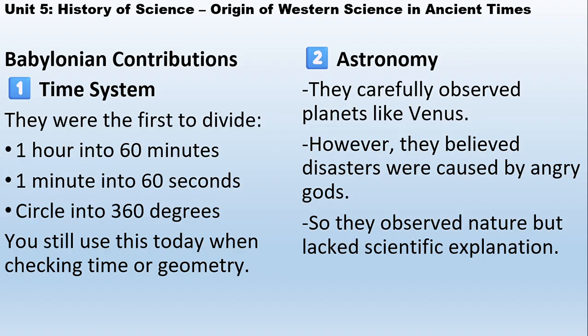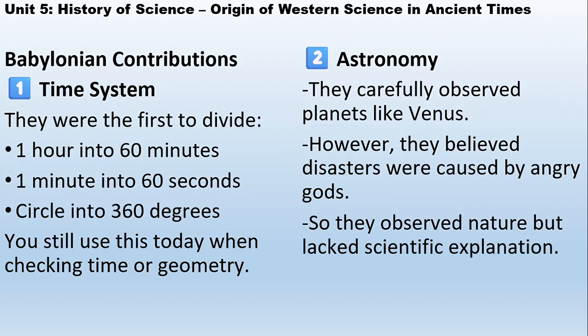They were the first to divide the hour, minutes, and seconds. They were even the first to define a cycle as 360 degrees. So you still use this today when checking time or in geometry. If you are working on geometry, there's no way you are not going to use this.